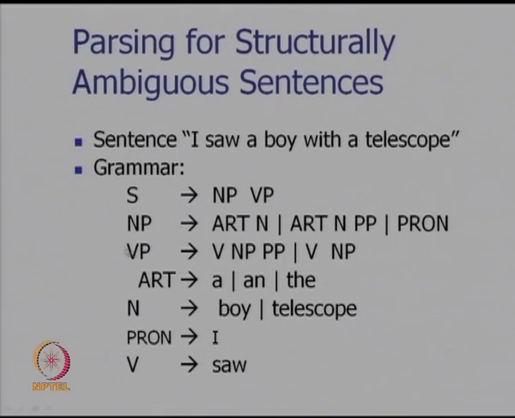The second rule, for example, says that we have a wide variation possible in constructing noun phrases. They can be simply an article noun combination, or they can be an article noun combination where the noun itself is modified by a preposition phrase. Preposition phrase becomes a qualifier for the noun, or the noun phrase itself can be a pronoun. Similarly, we have variety possible on the verb phrase.